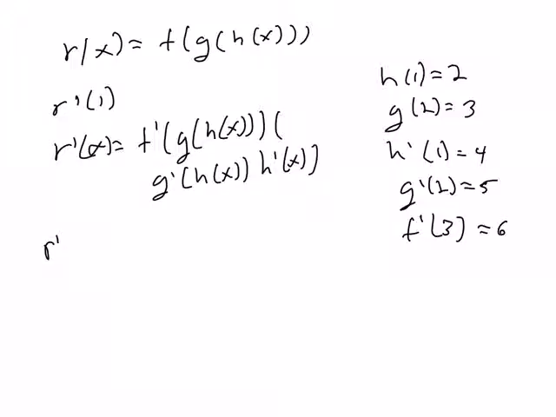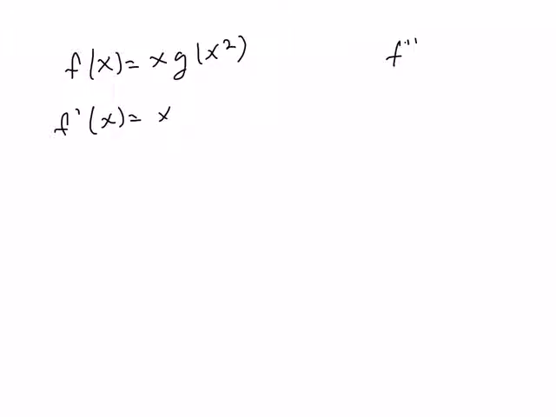So r prime of 1 is going to be, so let's start over here, h prime of 1 is 4, so we're going to have 4 times, and h of 1 is 2, so g prime of 2 is 5, so this is 5, and then h of 1 is 2, g of 2 is 3, so f prime of 3 is 6, so this is 6. Okay, next problem.